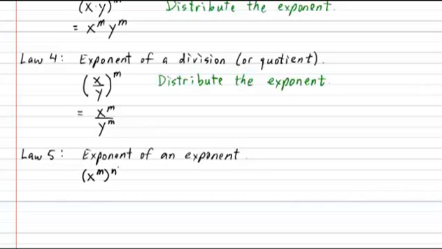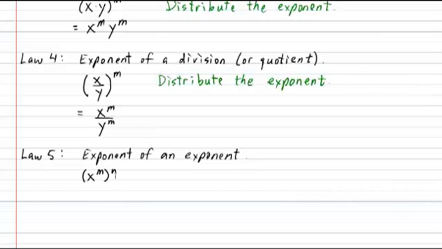Do you remember what you're supposed to do in this case? Good for you if you remember that the exponent outside of the bracket gets distributed to each individual item in the bracket and you multiply the exponents together.